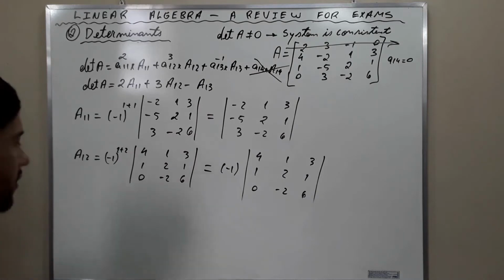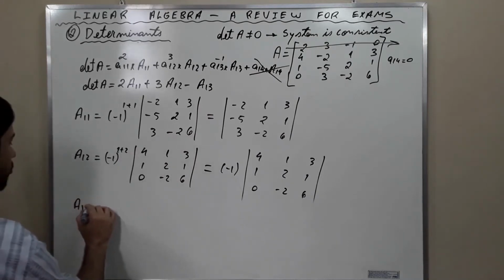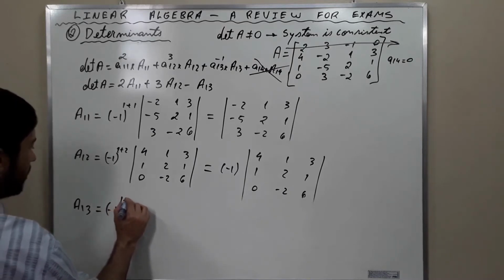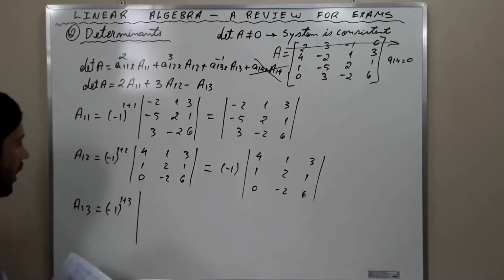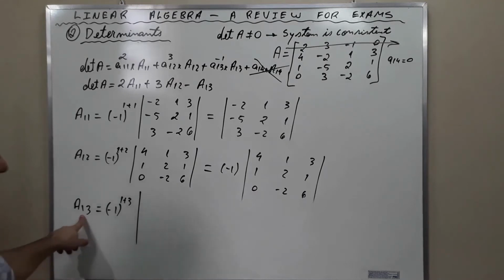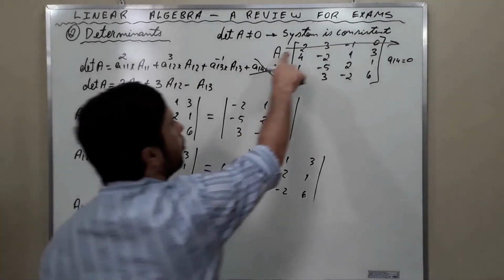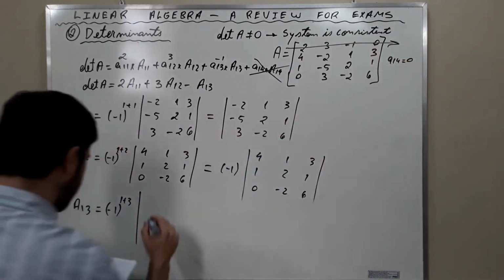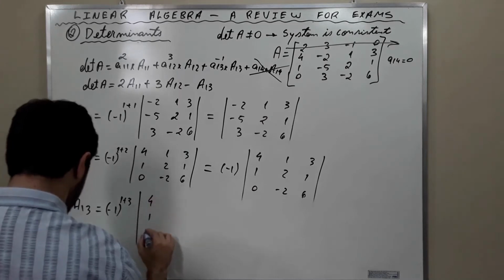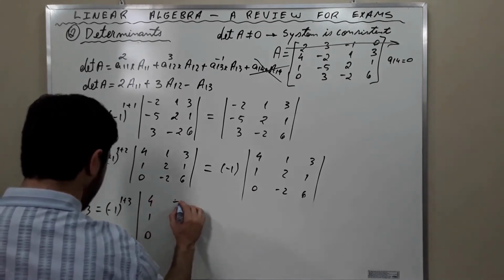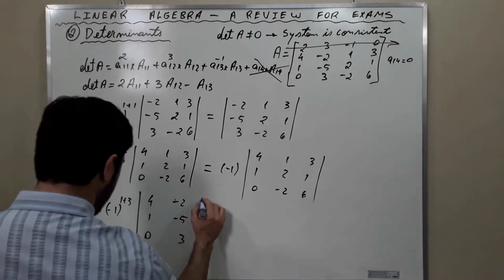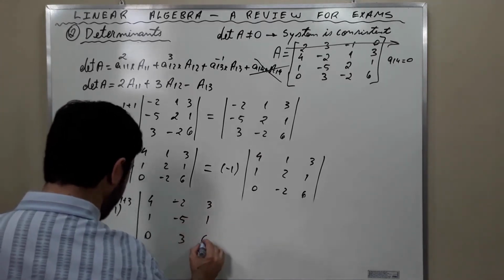And the last cofactor is A13, which is -1 raised to the power of 1 plus 3. And we are going to remove from the original matrix row 1 and the third column, and the cofactor is 4, 1, 0, -2, -5 and 3, 3, 1 and 6.